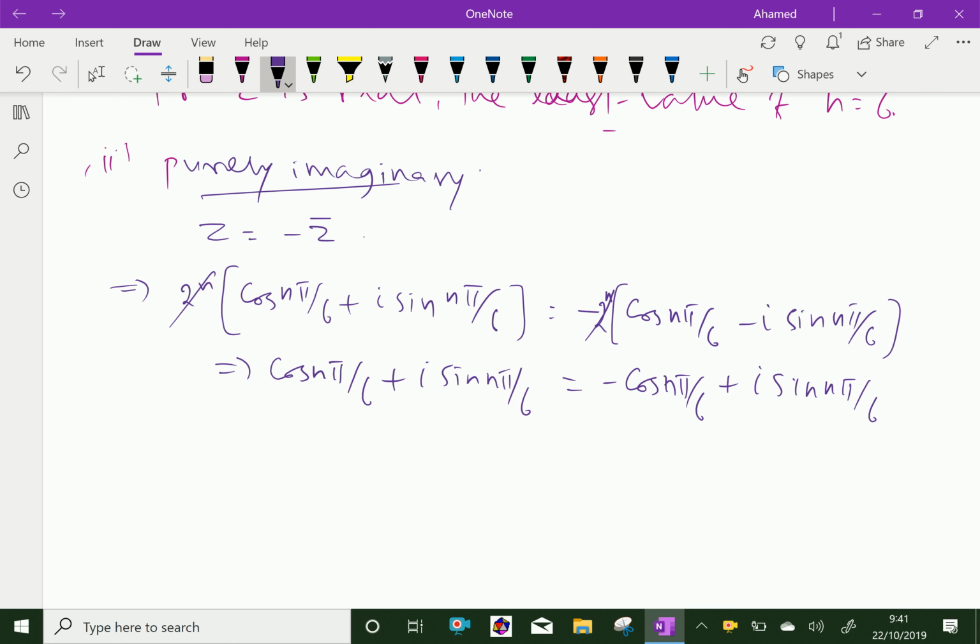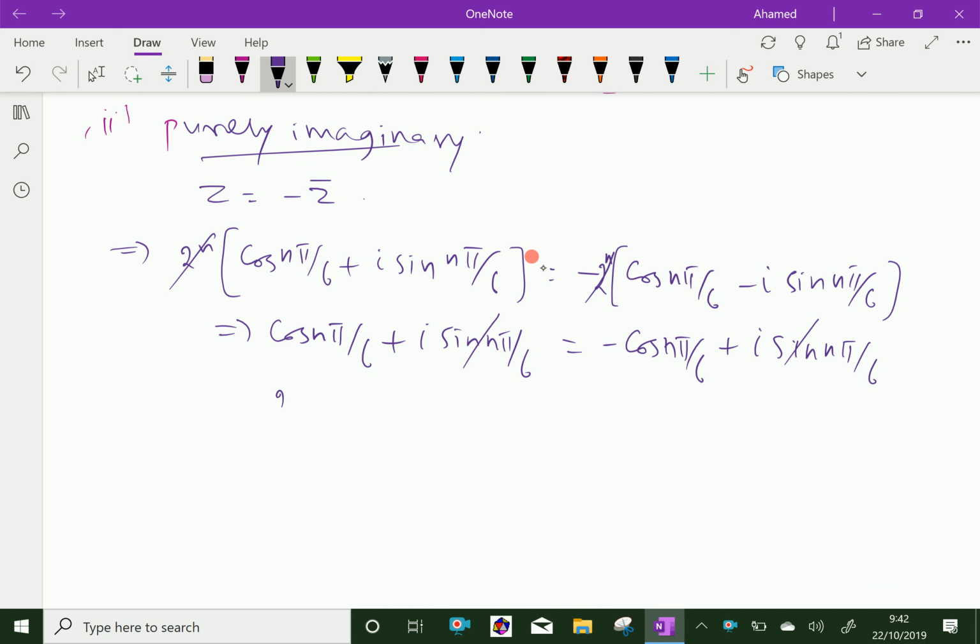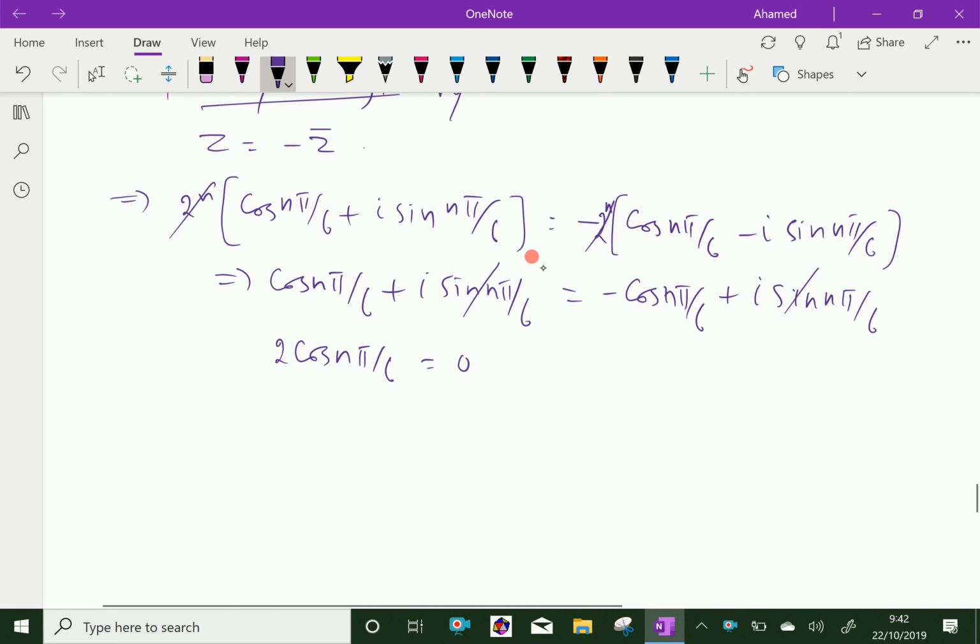Here both sides i sin(nπ/6) cancel, then collecting one side, 2 cos(nπ/6) equals 0. Then cos(nπ/6) equal to 0 by 2, which is 0. Then cos(π/2), that is cos 90, equals 0.